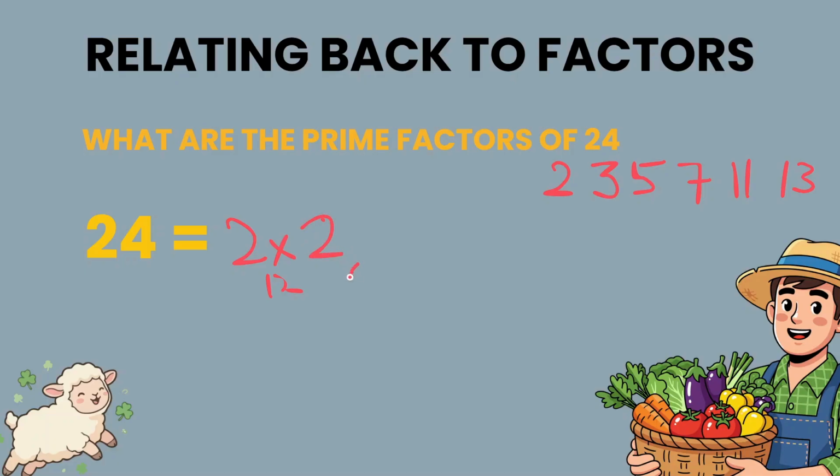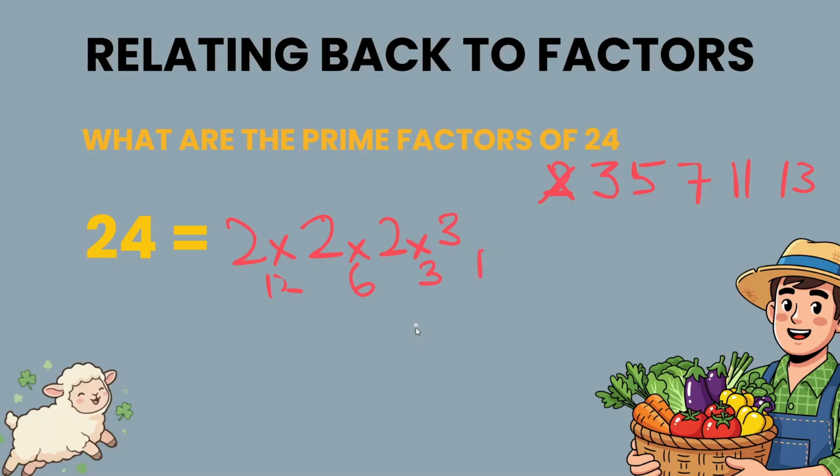Divide by 3? No, divide by 2 first. Divide by 2 again, we get 3. At this point, we try divide by 2 again. Cannot. Then we try divide by 3, which leaves 1.